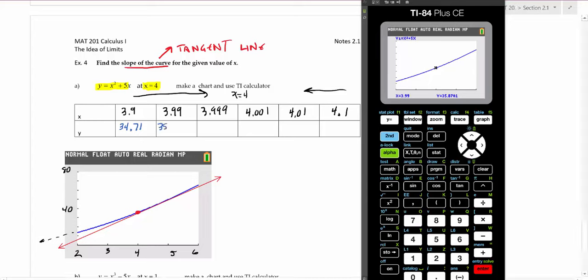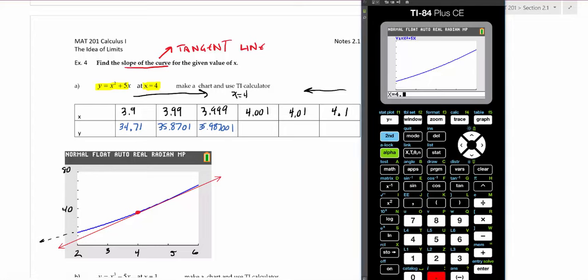That gets 35.8701. Close in a little closer, 3.999. I'm going to trace at that point, and that gives about 35.987001.